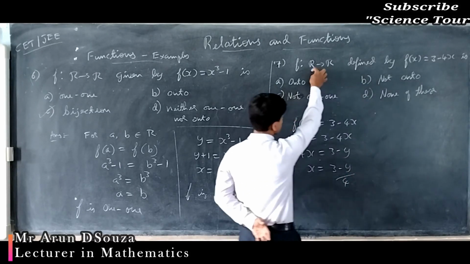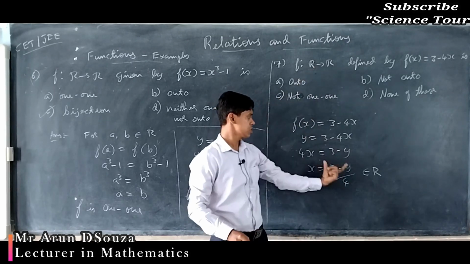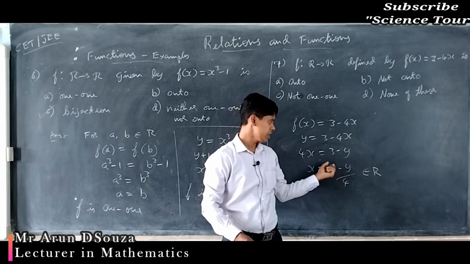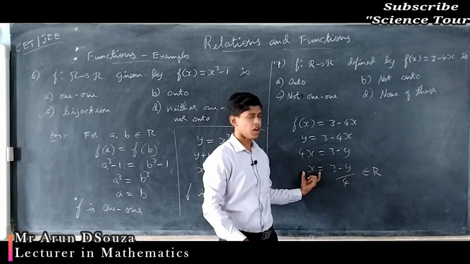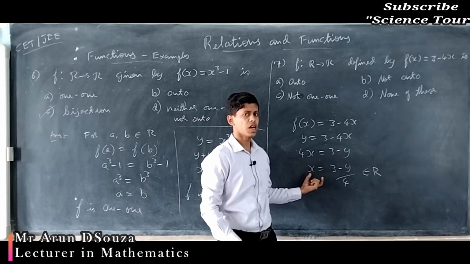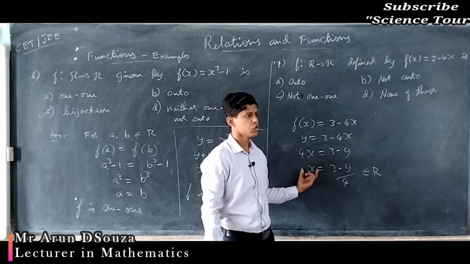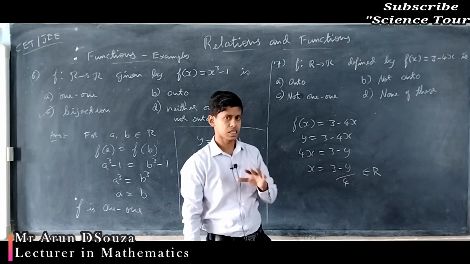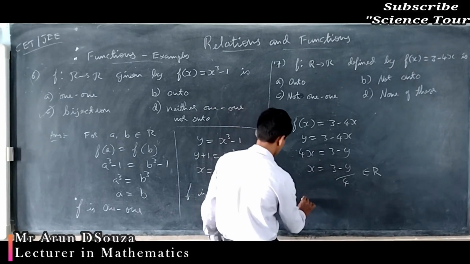Now does it belong to R? x is in R. That means this quantity must be in R for any value of y. For any value of y, is this quantity defined? Yes, x is defined. All right. So you can put any value in place of y, you will always get x defined. That means you have f onto.